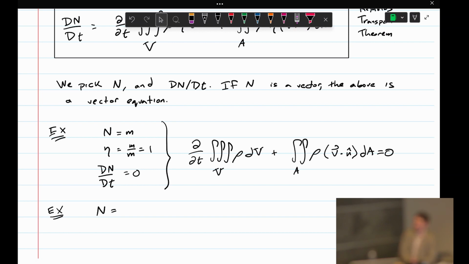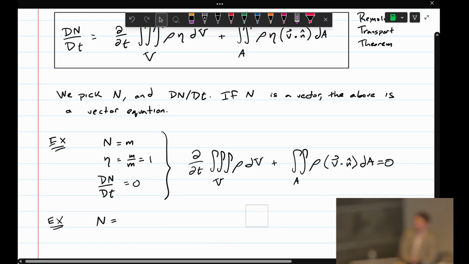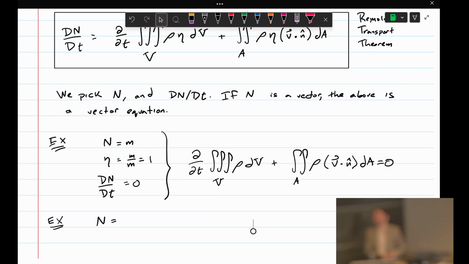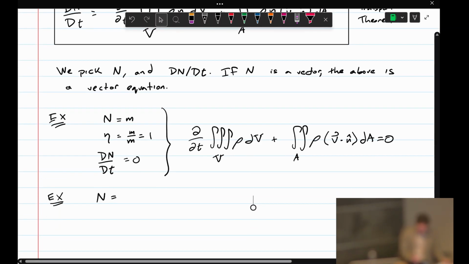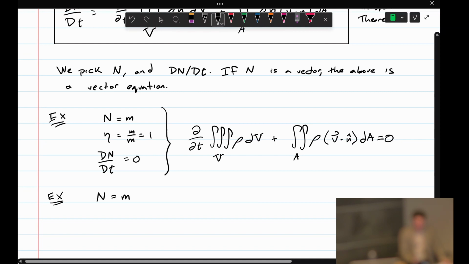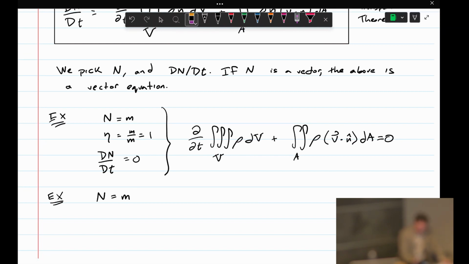Is velocity an extensive or intensive property? Intensive, right? So that's our eta. But what is the extensive property? Momentum, right? It's not a trick question, despite being framed like it was. So our extensive property for conservation of momentum is the momentum of a control mass, remember? So that's mv. Our intensive property is mv over m, which is equal to v.